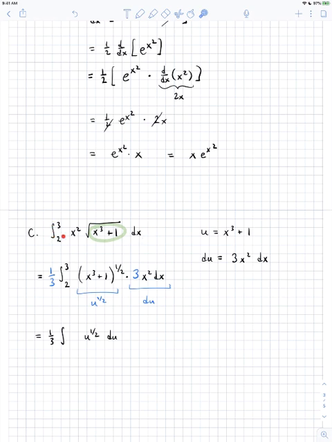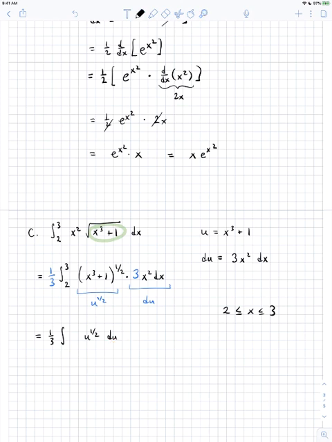So x starts at 2 and climbs up to 3. So we have that x is always between 2 and 3. So I can't put 2 down here and 3 up here because now I'm talking about u's. I need to know where the u's go.